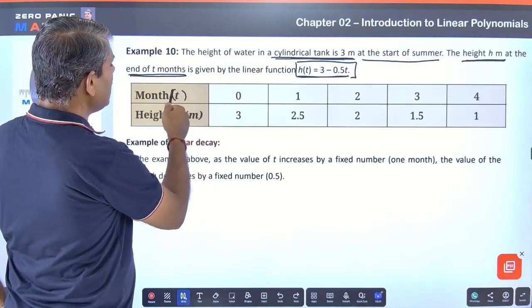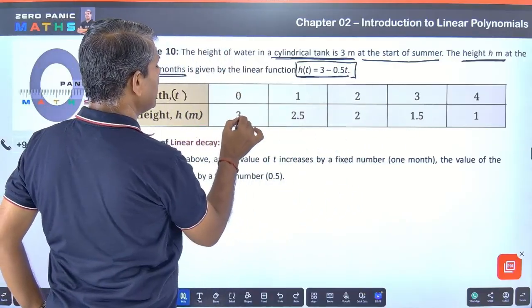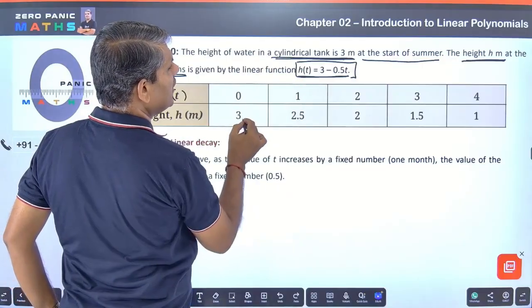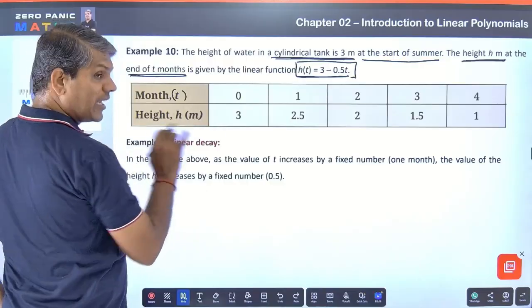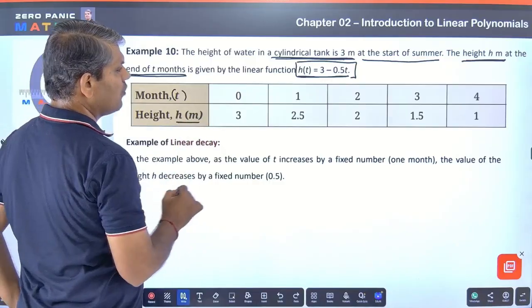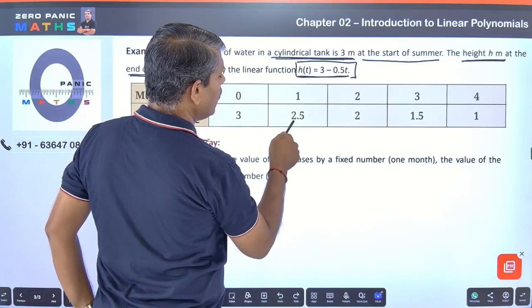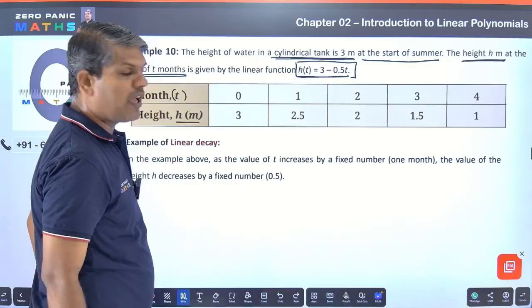The first row is the month in terms of t. For the 0th month, initially the cylindrical tank contains 3 meters of water, and in the second row we are representing height h in terms of meters. After 1 month, the water that remains in the tank is 2.5. Why?